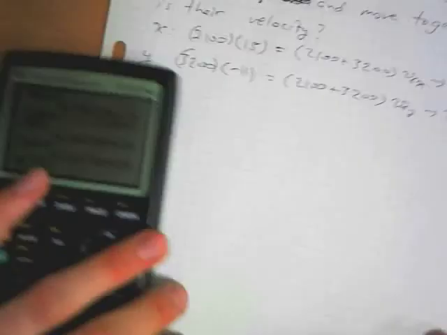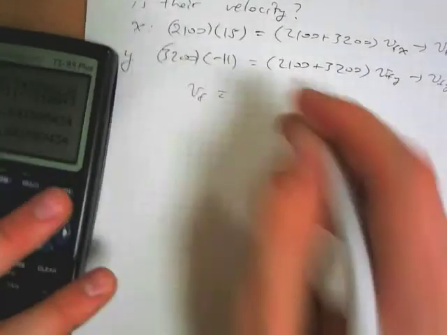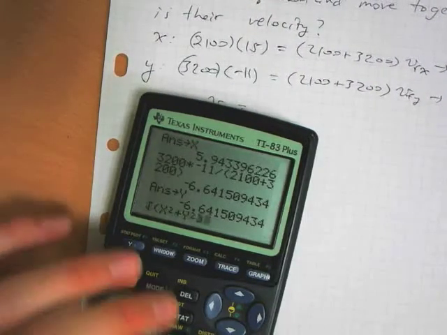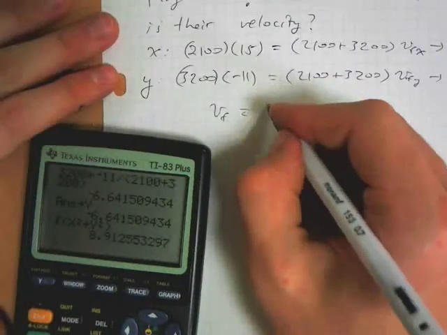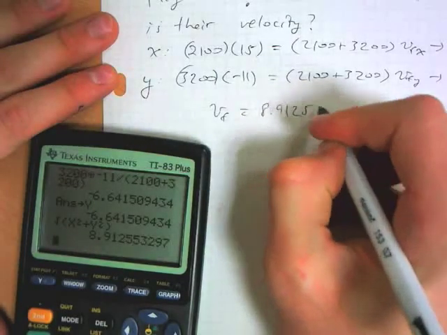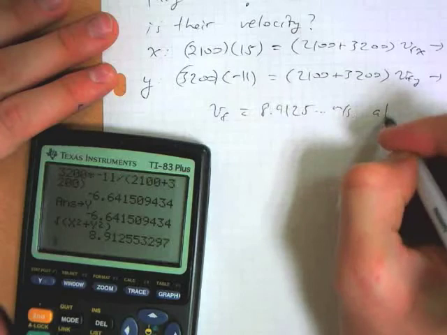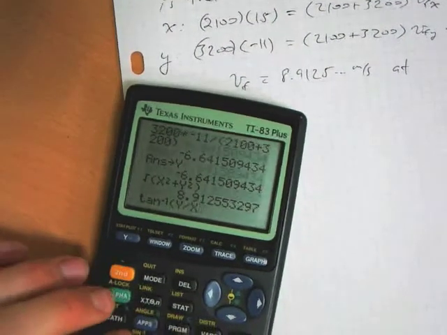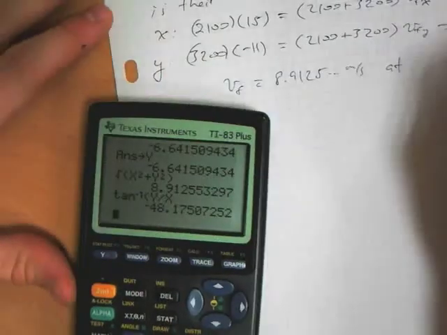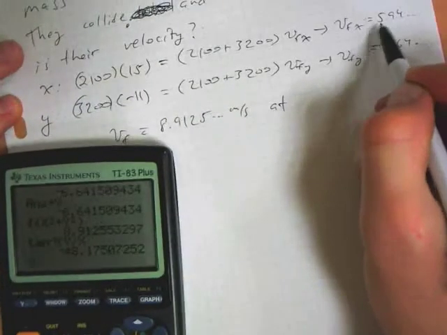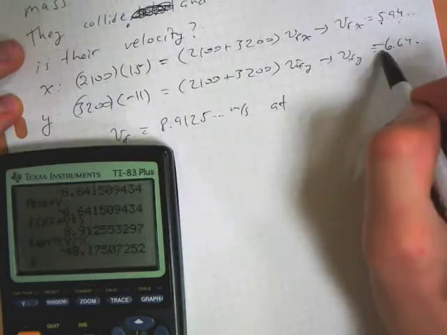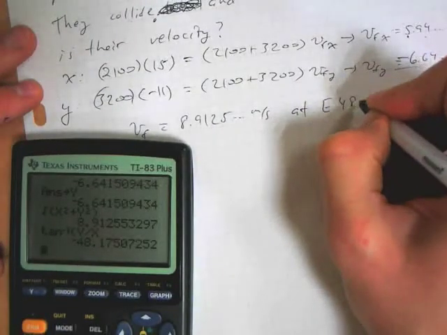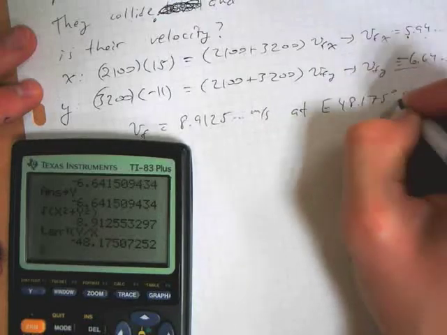So for our v final, we just take the magnitude, the square root of the x component squared plus the y component squared. So our v final is 8.9125 meters per second. And the arctangent of y over x gives us minus 48.175. A positive x component means we're east, and a negative y component means we're south, so that's 48.175 degrees south of east.